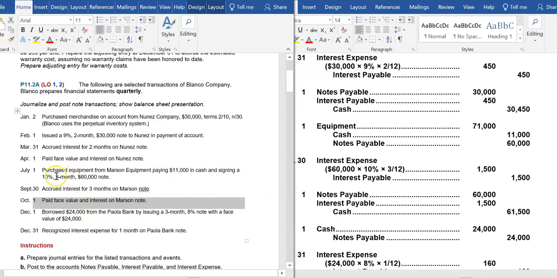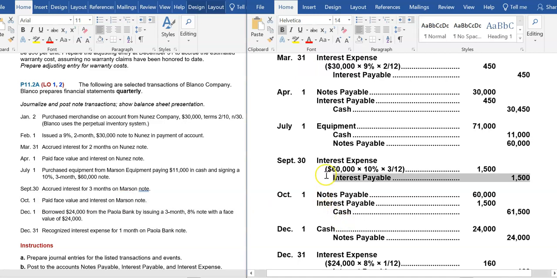It's a short-term note because it was issued and paid all within 3 months, shorter than 1 year. The amount that will be paid off is the note payable liability plus the interest payable liability, debiting both those liabilities, and total cash paid to pay off those liabilities, $61,500.